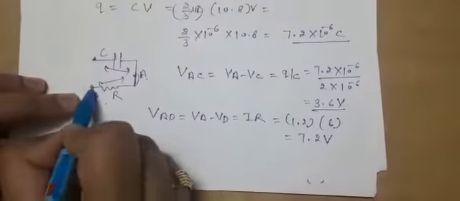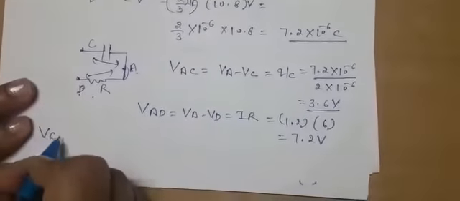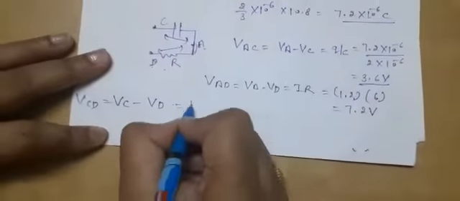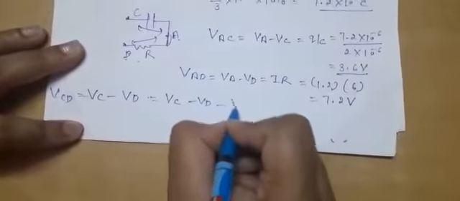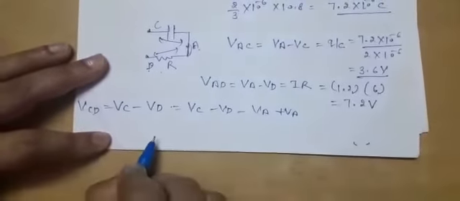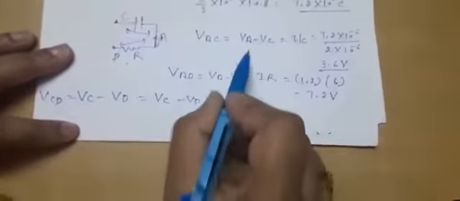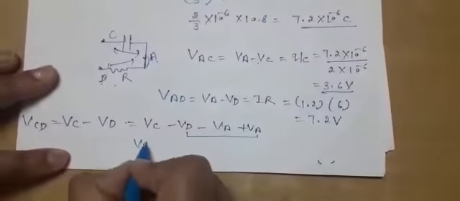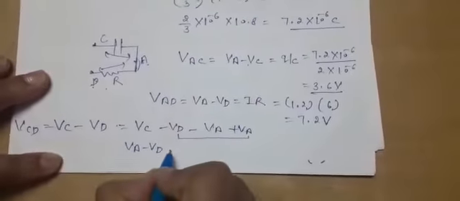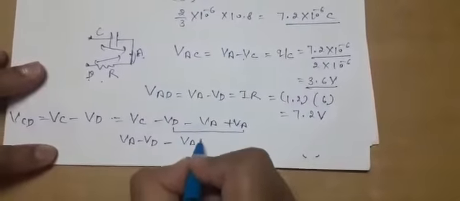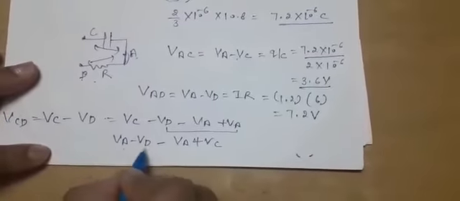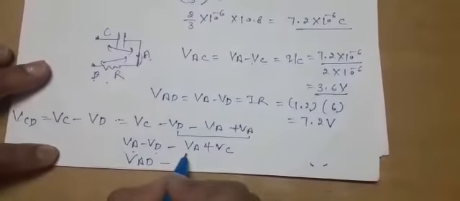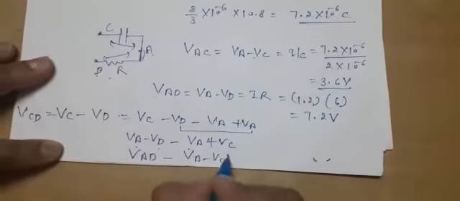Now we have to calculate the potential difference between C and D. To calculate VC minus VD, because we have to calculate VCD, what we can do is add and subtract VA. What is the purpose? So that we can use these two results. By using it, we are combining these two. This gives you VA minus VD, and minus VA plus VC. You can see it resembles VAD, but with a negative sign it is VA minus VC.